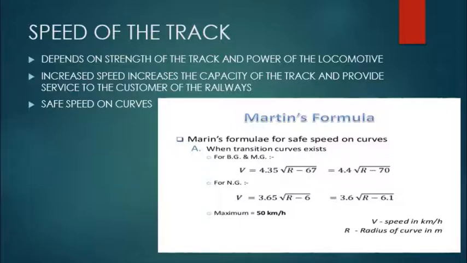For narrow gauge, velocity V is equal to 3.6 root of R minus 6.1, where V is the speed in kilometers per hour and R is the radius of curve in meters. The maximum speed permitted is 50 km per hour. So you can calculate the maximum safe speed on a curve using Martin's equations, otherwise known as empirical formulas for the safe speed of a train through a curve.